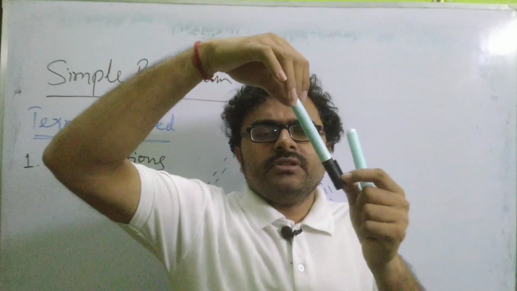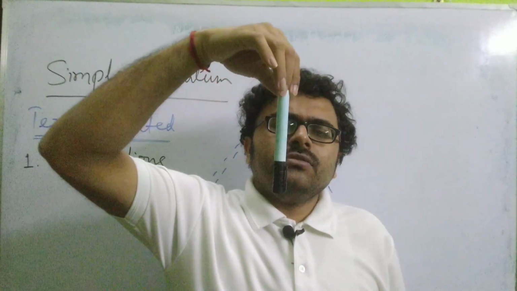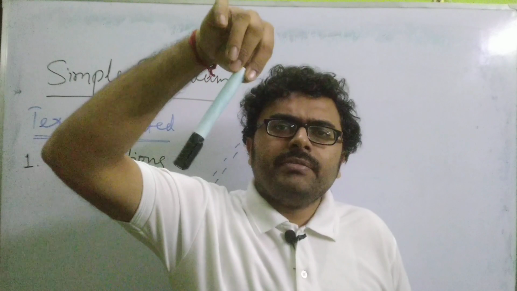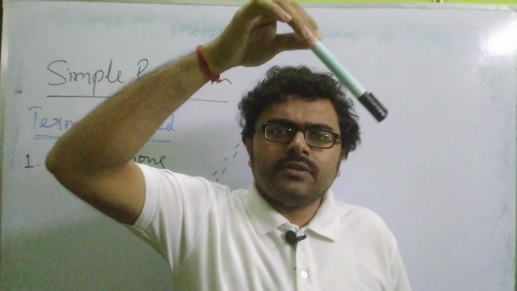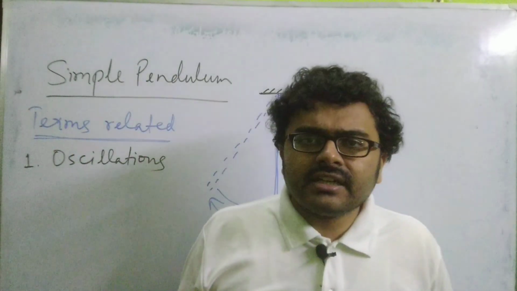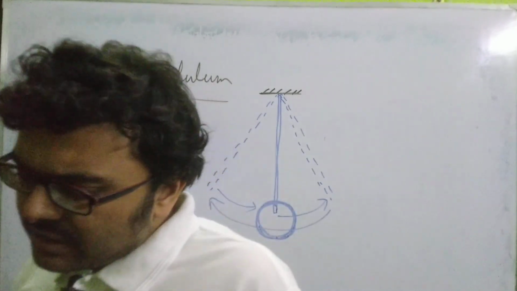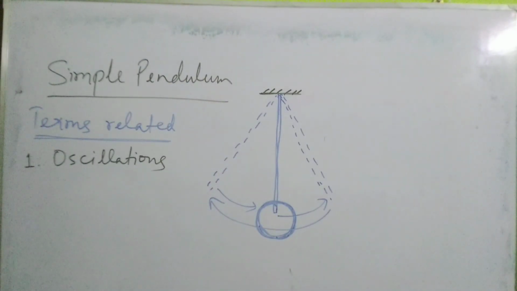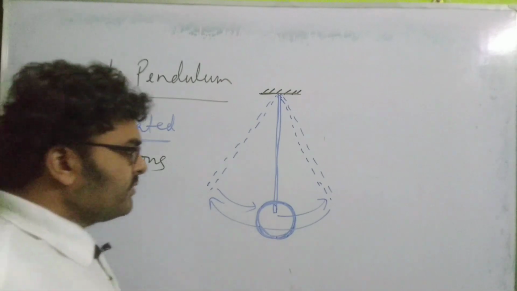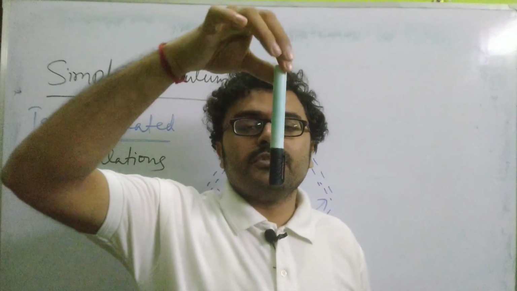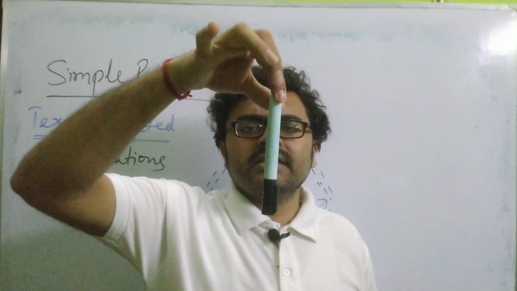This swing of the pendulum, this to and fro motion, is regarded as oscillation. So what is oscillation? One complete to and fro motion of the bob of the pendulum is regarded as an oscillation.